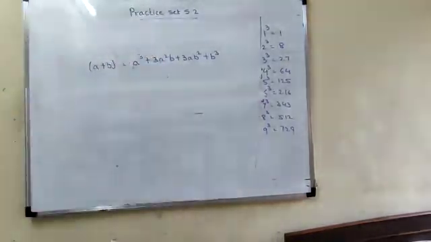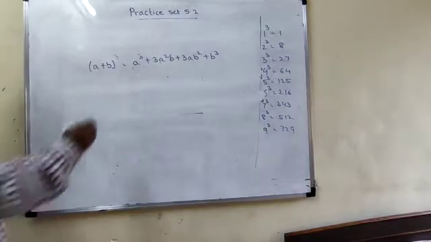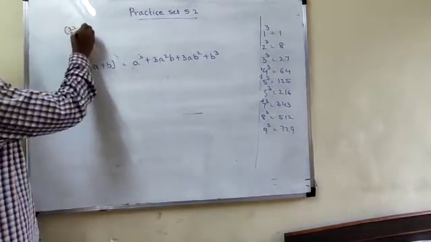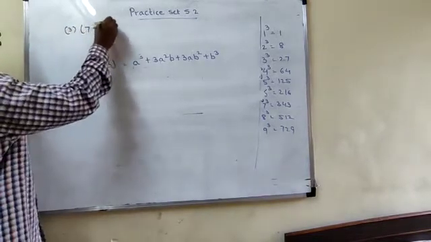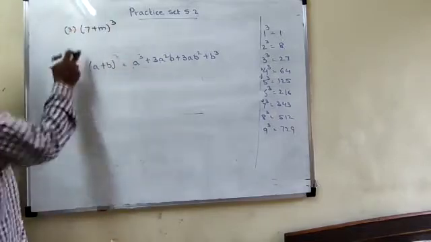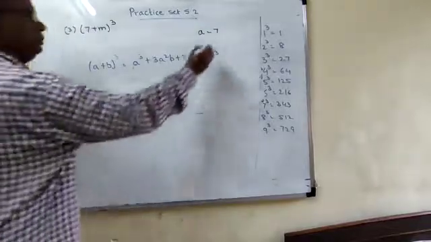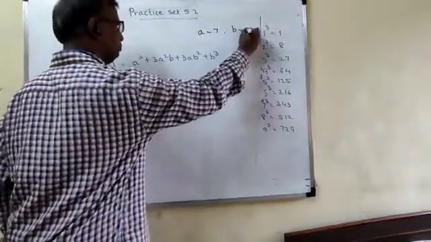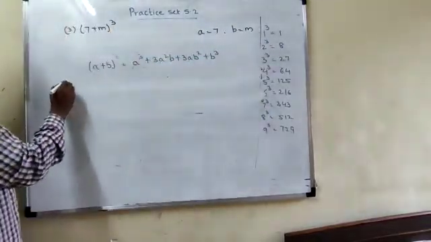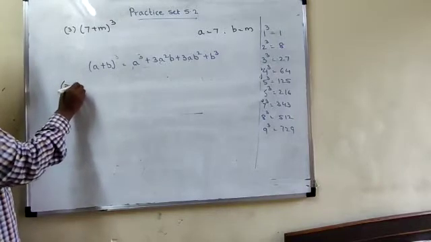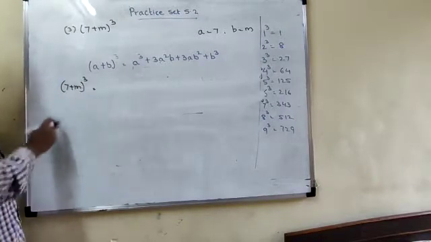Now the third sum. What is the third sum? 7 plus m the whole cube. When you compare, a should be replaced by what? 7 and b should be replaced by what? M. I am writing the question once again. 7 plus m the whole cube. What is a?